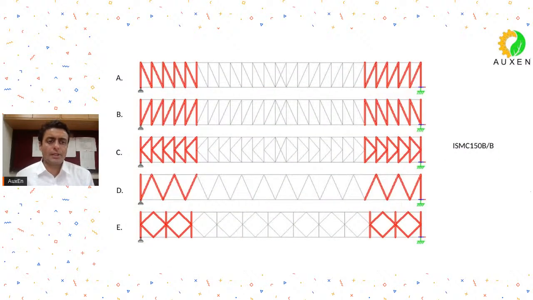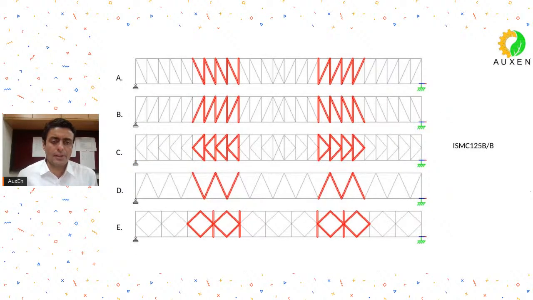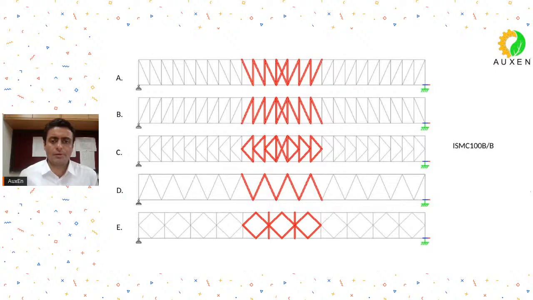Then we have taken the end diagonals and initial verticals and diagonals as ISMC 150 back to back double channel. Then the middle diagonals and the verticals, we have taken them as ISMC 125 back to back, and then the central portion, we have taken them as ISMC 100 back to back.